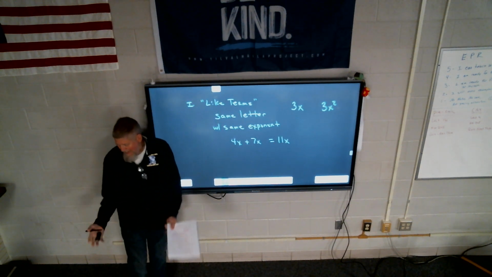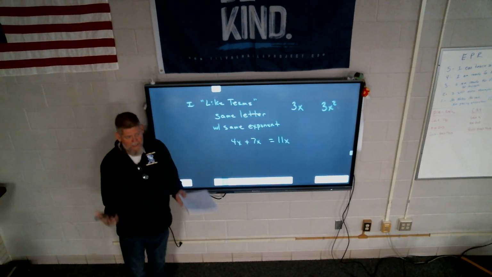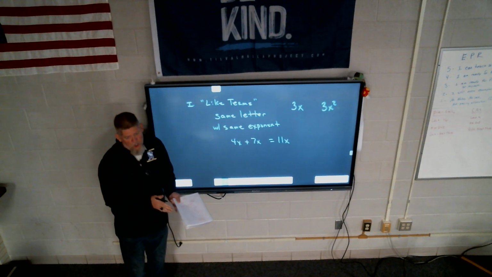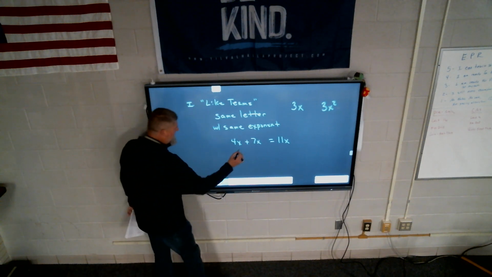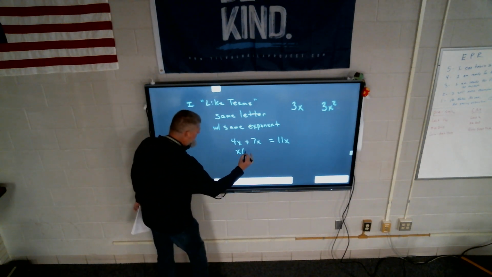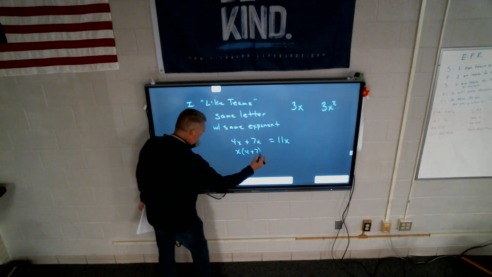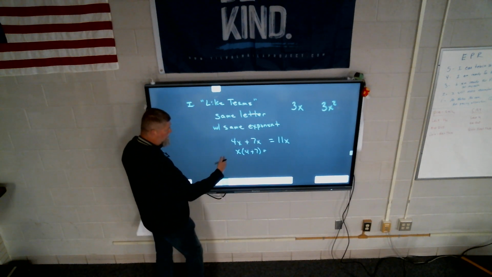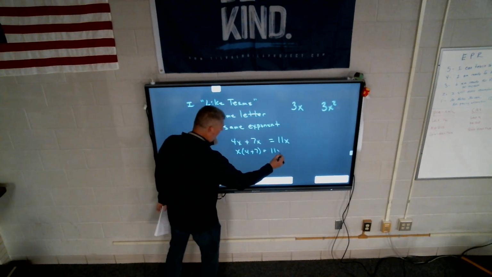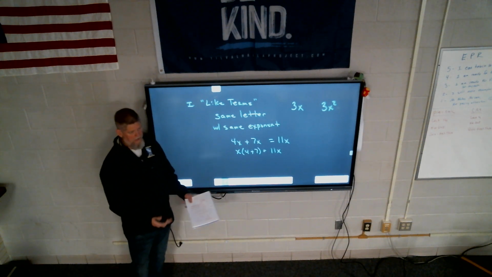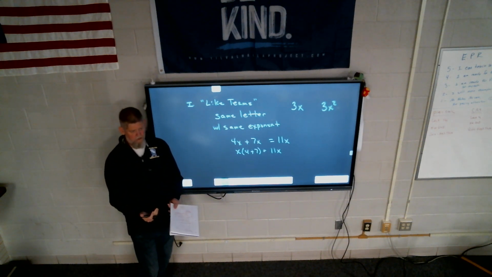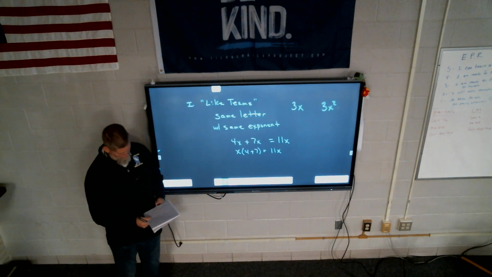Mathematically, we took out what they have in common, the x, and have 4 plus 7, and follow the order of operations. 4 plus 7 is 11x. That's why it's not 11x squared. You simply combine the like terms by adding the coefficients.